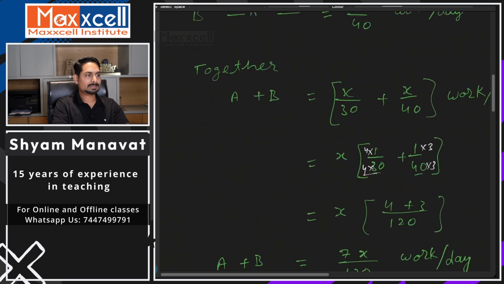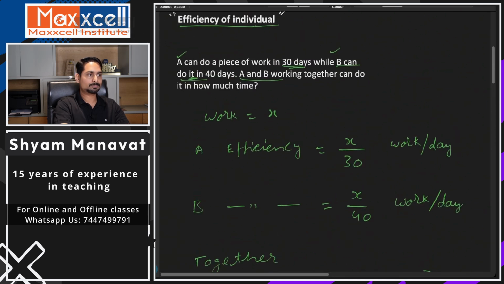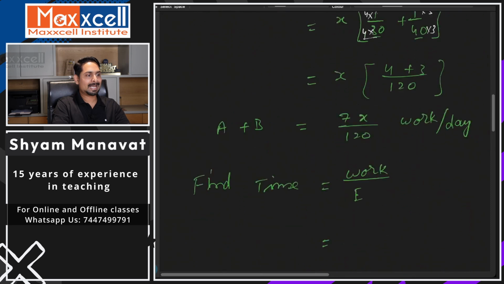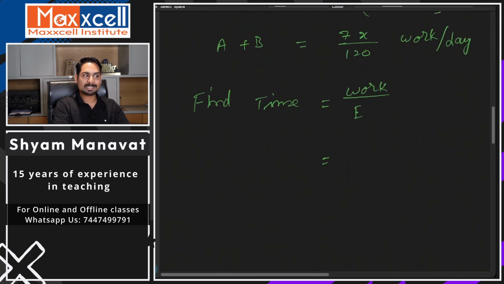Now, how much is the work? What work have we assumed? We have assumed work to be x, and we need to find out the time when they are working together. So we'll definitely take work done together divided by efficiency together, right? So work done together is what?